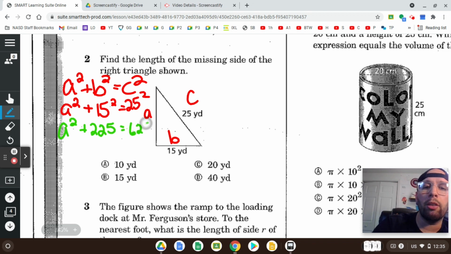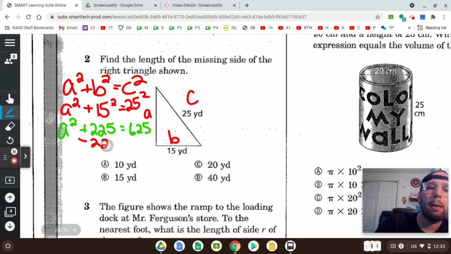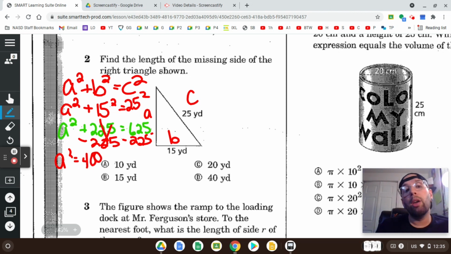I have that memorized. Is A all by itself? No. What's in the way? I have a 225 that I could subtract from both sides. Cross it out. And A squared is going to equal, that becomes 400. Is A all by itself? Now, no. So I have to square root both sides.